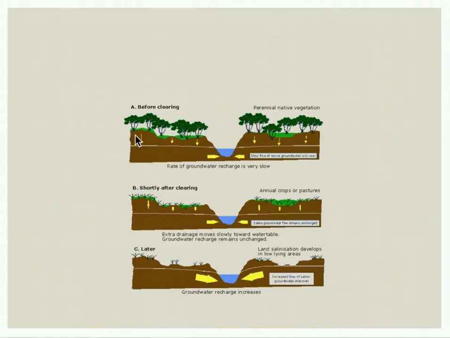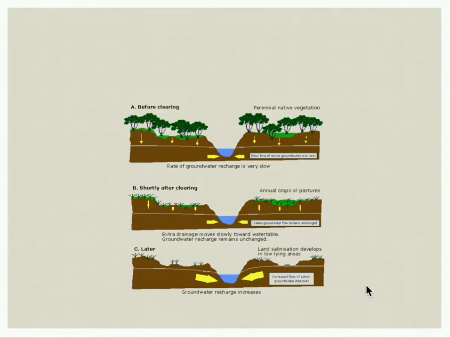Okay, so if we look at the land before clearing, the rate of groundwater recharge is very slow. But shortly after clearing, we start increasing the water table a little bit more, because we get a little bit more drainage.